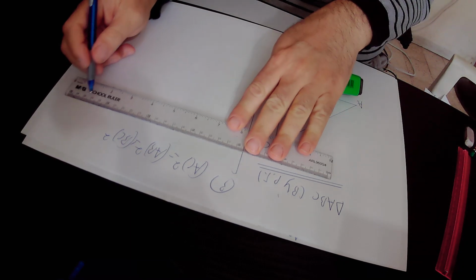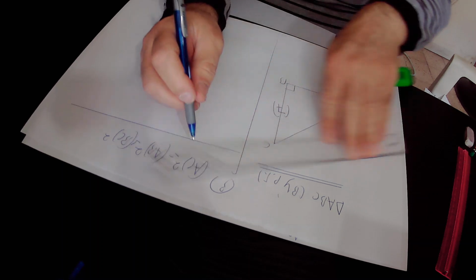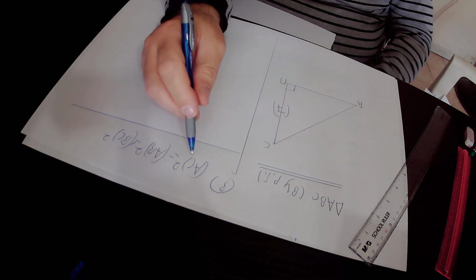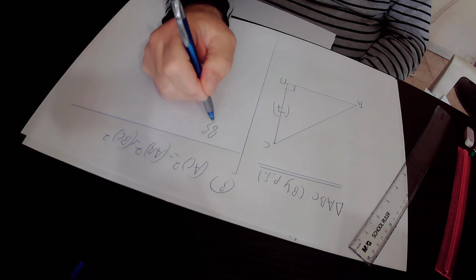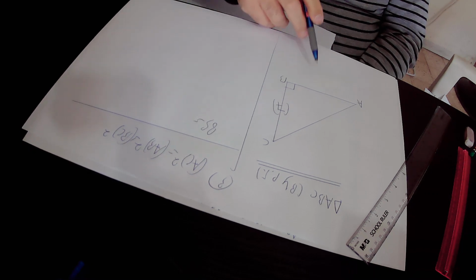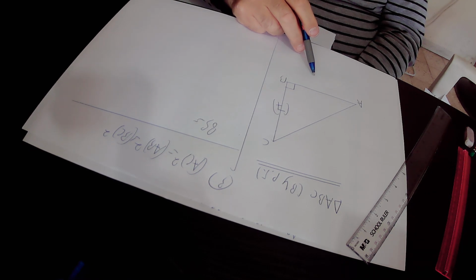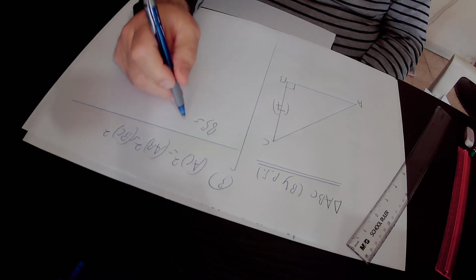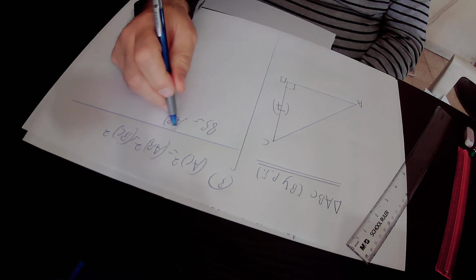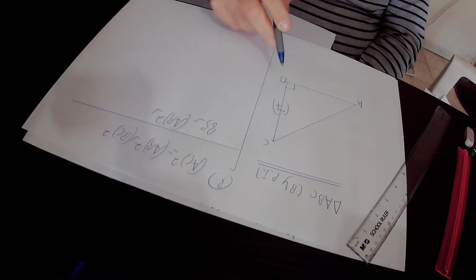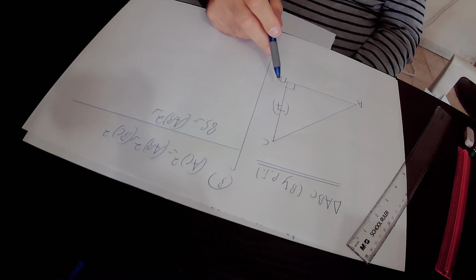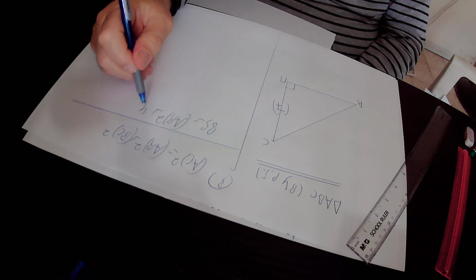We have already found out that AC square equals 85, so we replace AC square by 85, and it equals AB square. AB is the missing side, so we will leave it as it is. AB square plus BC square. BC is 7, therefore BC square is 7 squared, that is 49.